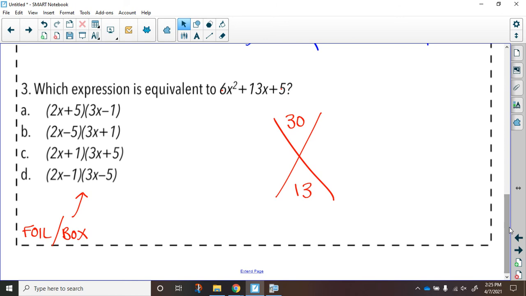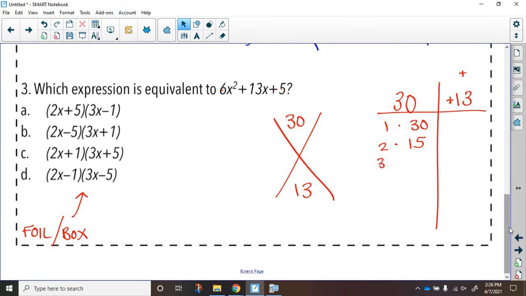All right, so let's draw our factor tree. And I'm wanting the factors of 30 that add up to give me a positive 13. So in order for both of these numbers to be positive, that means my factors also need to be positive. So we have 1 times 30, 2 times 15, 3 times 10, and then 5 times 6.